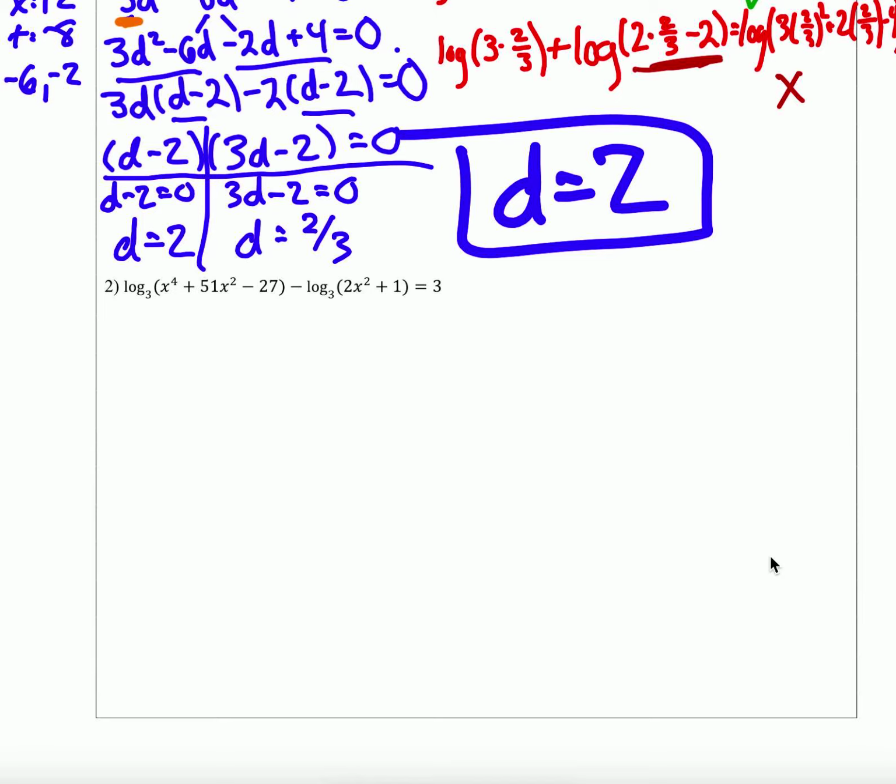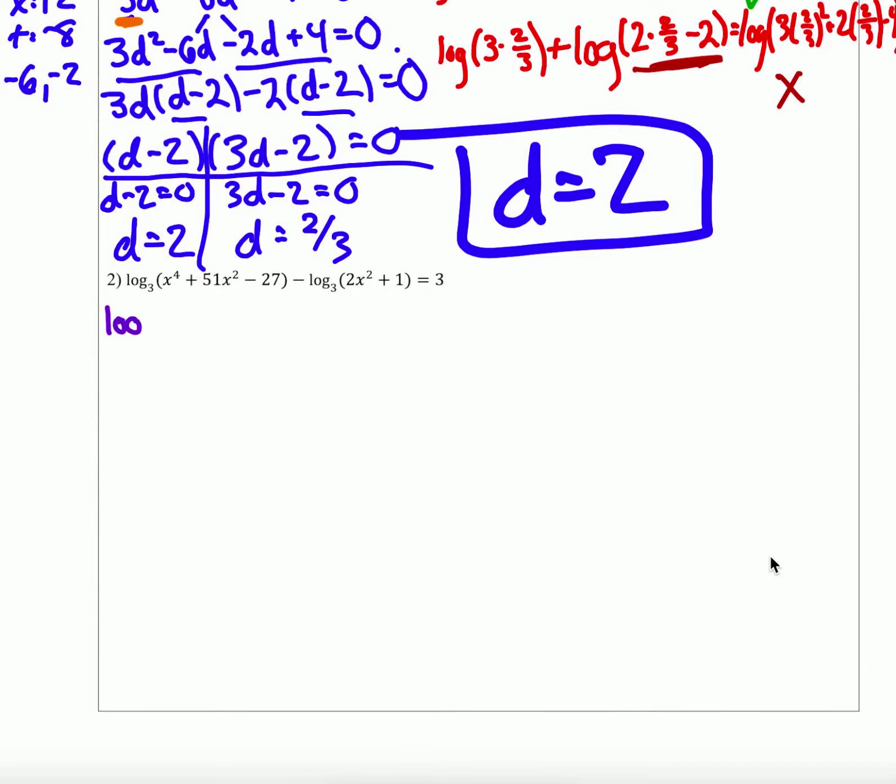That means we can divide their arguments and write it under 1 log. So that would be log base 3 of x to the 4th plus 51x squared minus 27, and that all goes over 2x squared plus 1. So that equals 3.